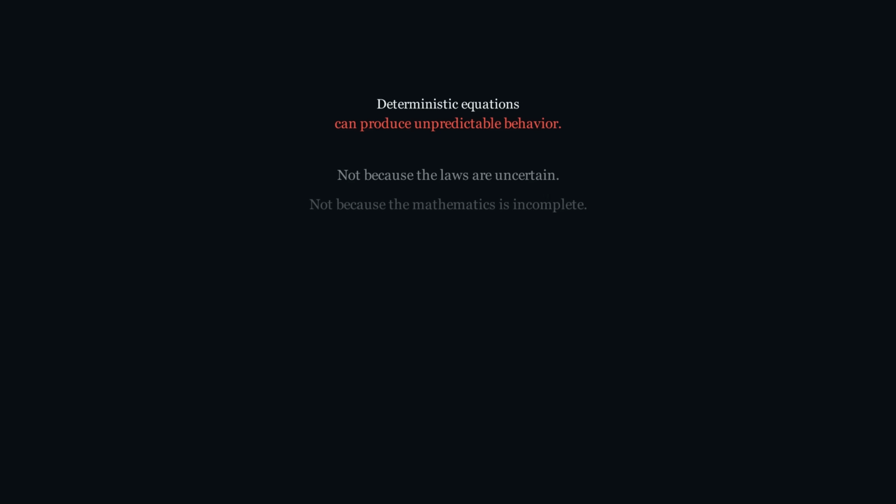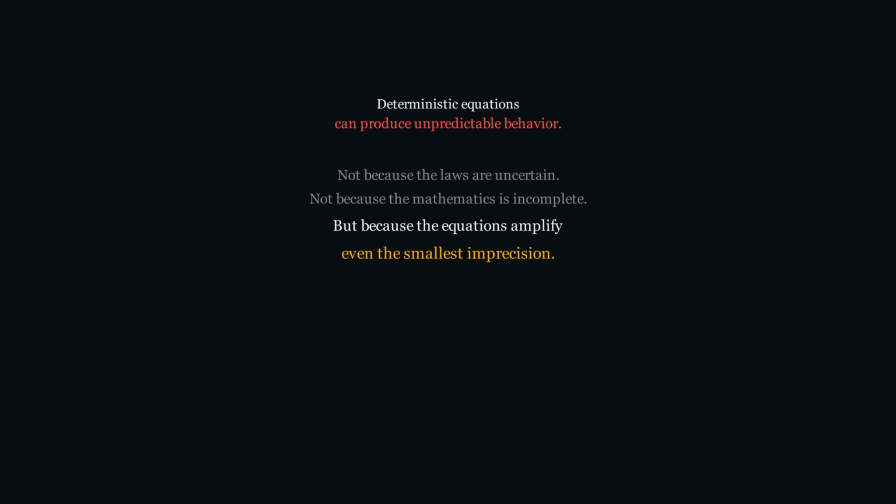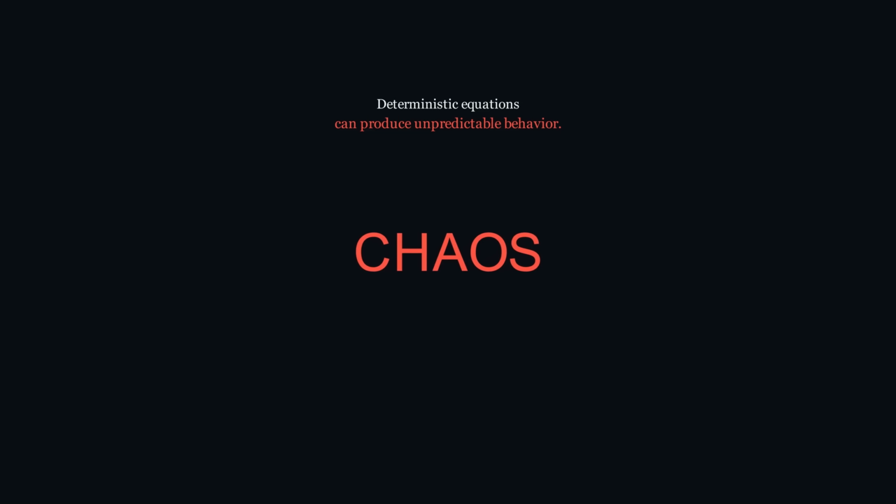Not because the laws are uncertain, not because the mathematics is incomplete, but because the equations themselves amplify even the smallest imprecision. To predict the distant future perfectly, you would need perfect knowledge of the present, and perfect precision is impossible. This is what we now call chaos.